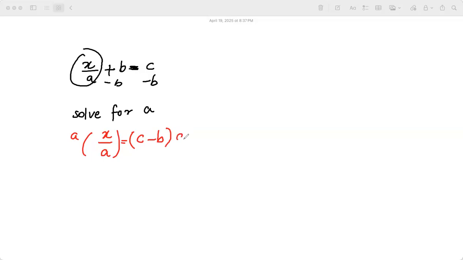I cannot have A in the denominator, right? If I multiply, X will be equal to C minus B in parenthesis times A. Now A should be left alone on one side. I have to remove the C minus B. C minus B has been multiplied with A. Then I will divide by C minus B on both sides. That will get you A equal to X by C minus B.